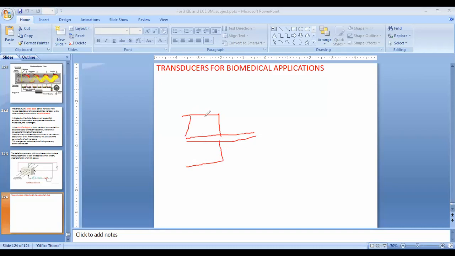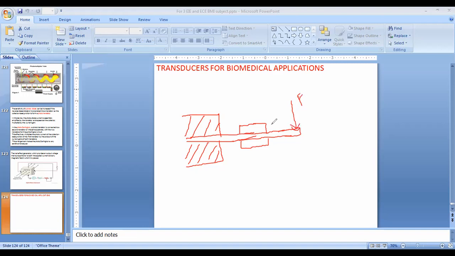This is the fixed element, and there is a movable membrane. This is the movable membrane, or we can call it a strip. We will attach the strain gauge at this strip, and we will apply some force on this one.